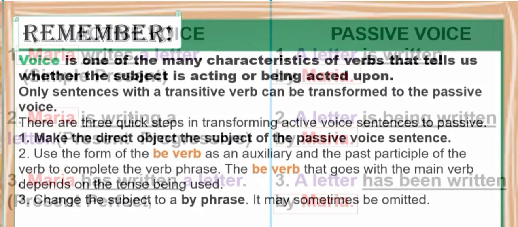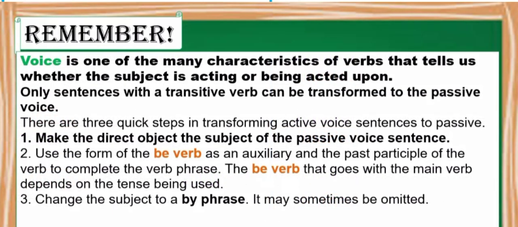And please remember the following. Voice is one of the many characteristics of verbs that tells us whether the subject is acting or being acted upon. And only sentences with a transitive verb can be transformed to the passive voice. There are 3 quick steps in transforming active voice sentences to passive.